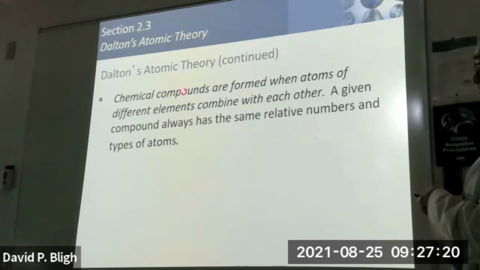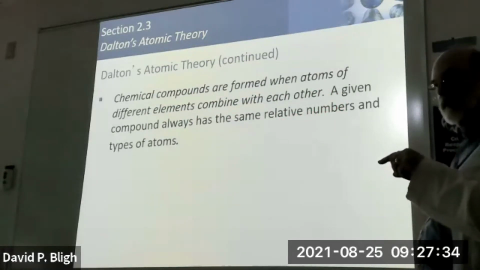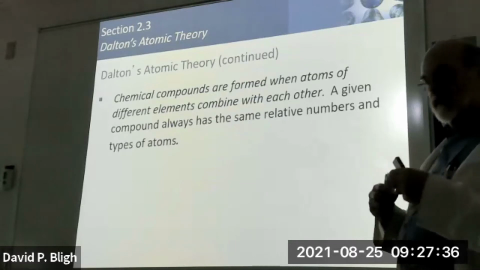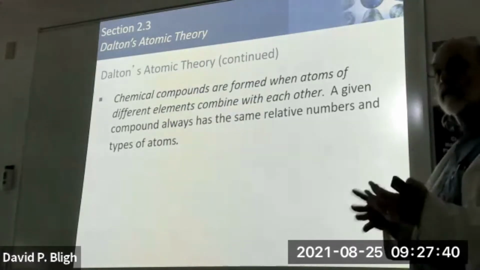And he said, the reason for the way compounds come together is that each compound has the same relative numbers of atoms. So he's getting away from the shackles of mass only. Now he's talking about numbers of atoms.